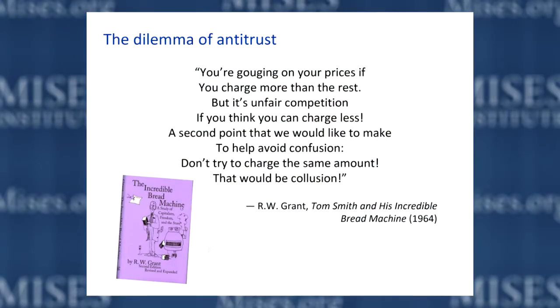He says, "You're gouging on your prices if you charge more than the rest. But it's unfair competition if you think you can charge less. A second point that we would like to make to help avoid confusion, don't try to charge the same amount. That would be collusion." In other words, if the protagonist charges a higher price than his rivals, then he's exploiting his market power by price gouging.